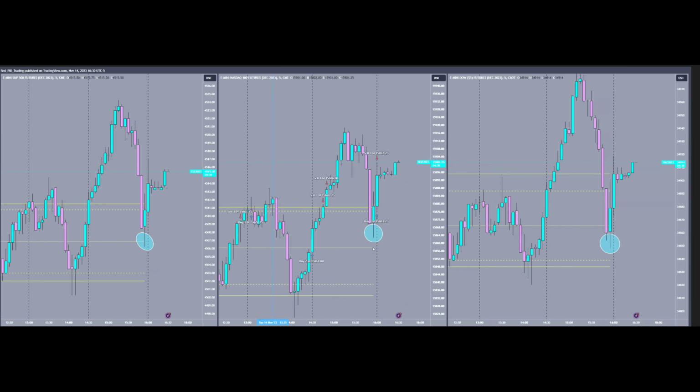NQ never went to the 50%, while YM went below the 50%. So NQ was stronger. So at 4 o'clock, this was a very quick scalp. It lasted like 30 seconds. A 30-second scalp, 14 handles, just on one contract, because again, it's the end of the day. In and out. I entered and it was literally less than a minute trade.